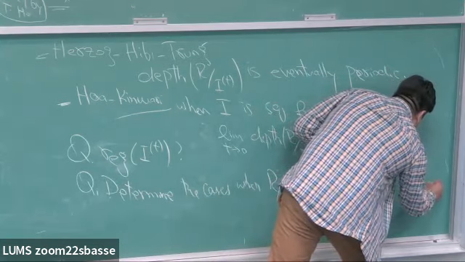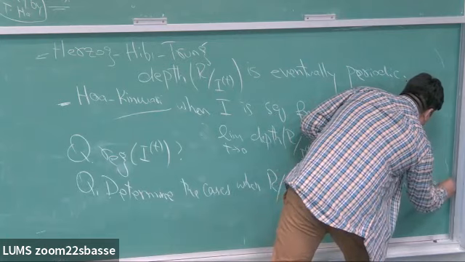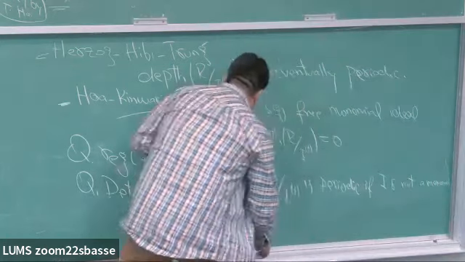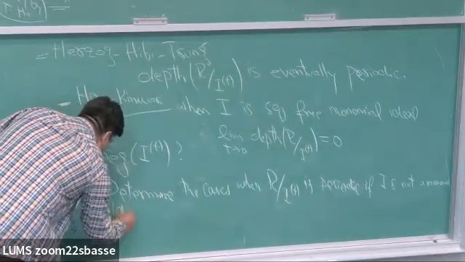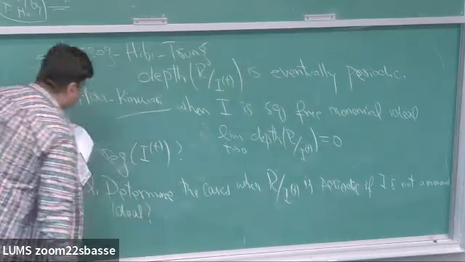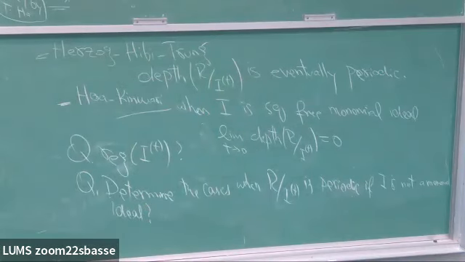You can see the result of Herzog; this is only for monomial ideals. So when the ideal is not monomial, we have no idea. Nothing is known in this direction either. So this is regarding the problems proposed.